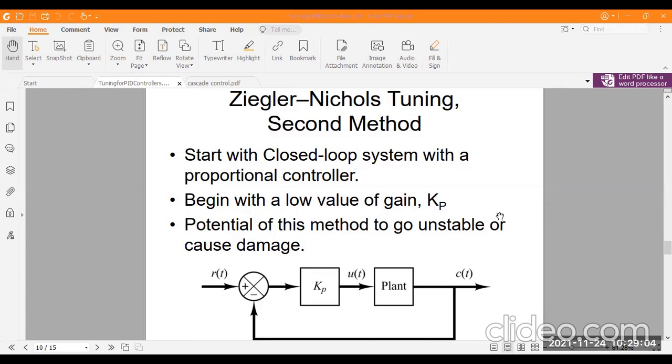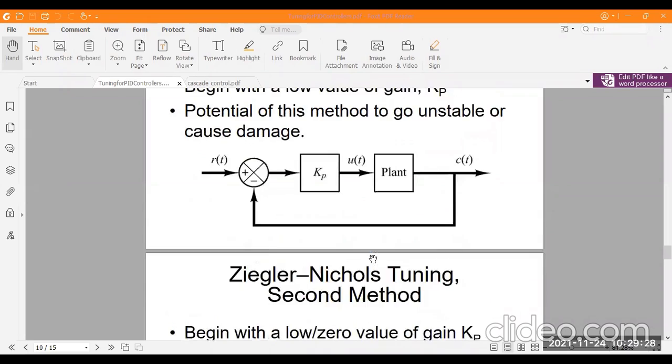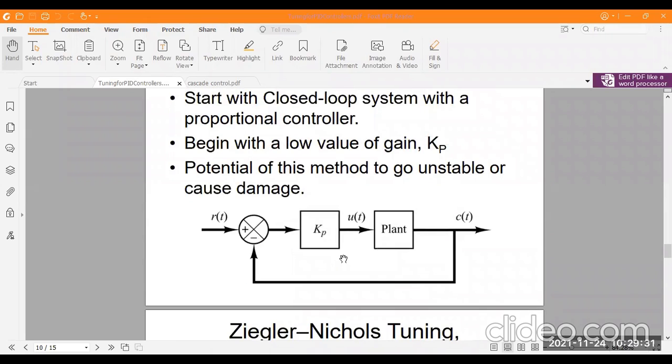The potential problem of this method is that it can go unstable or cause damage, because of the ratio of time constant divided by delay time. For a long time it is not usable because it damages these controller parts also.